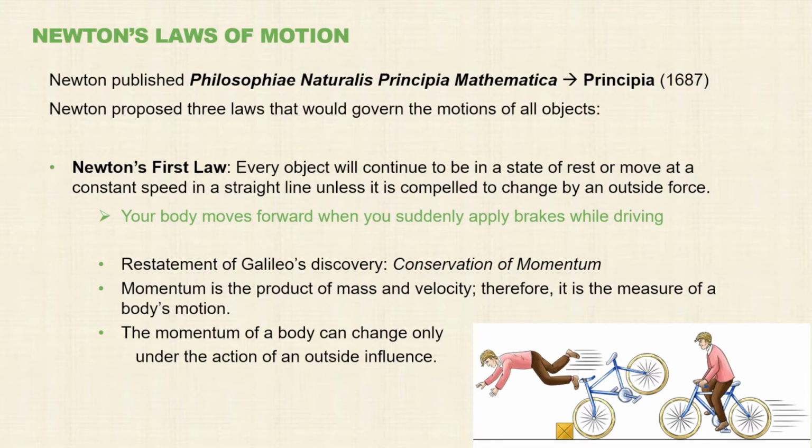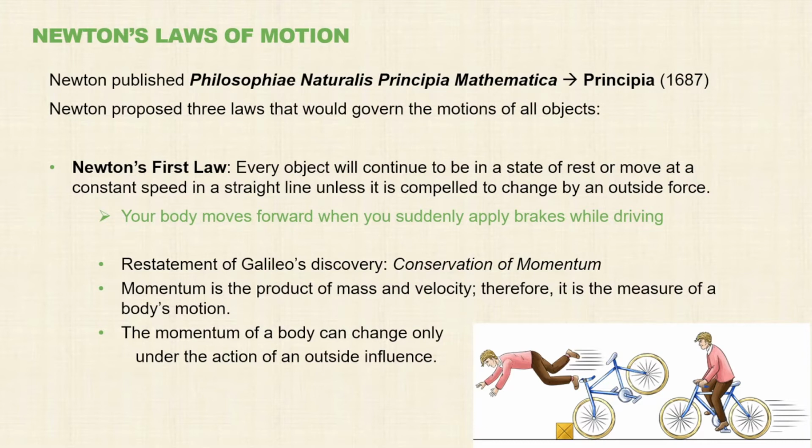He wrote in terms of the momentum. Momentum is the measure of a body's motion. Mathematically, momentum is mass times velocity, mass of an object times velocity. Any moving object has a certain velocity. At rest, velocity is 0, so there is no momentum.